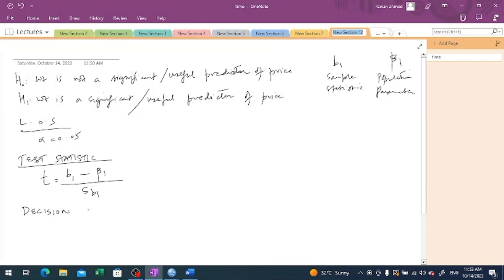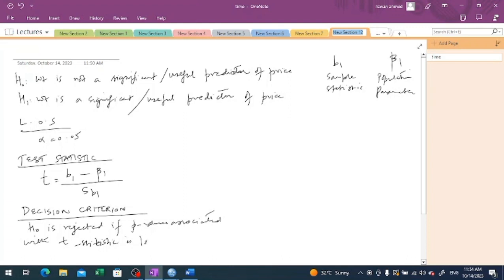We state it as H naught is rejected if p-value associated with t statistic is less than 0.025.